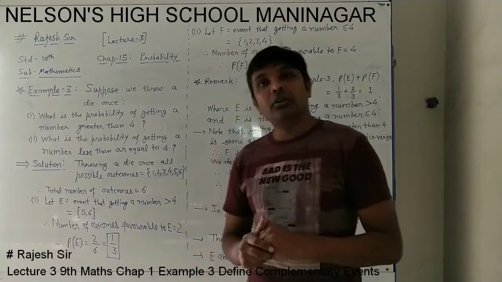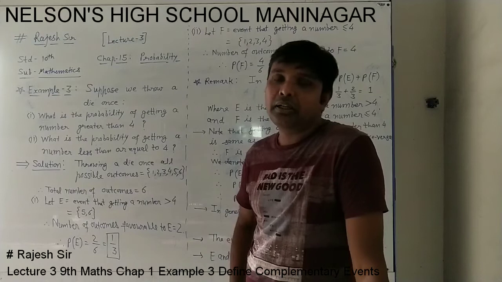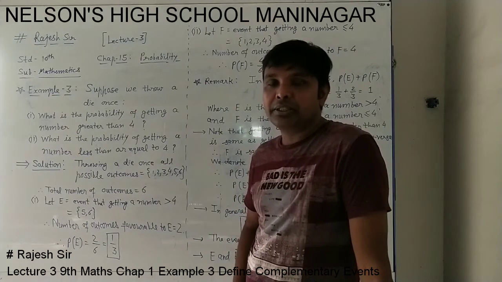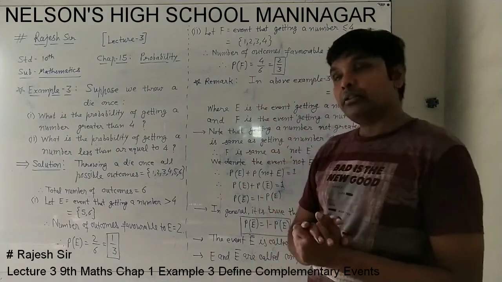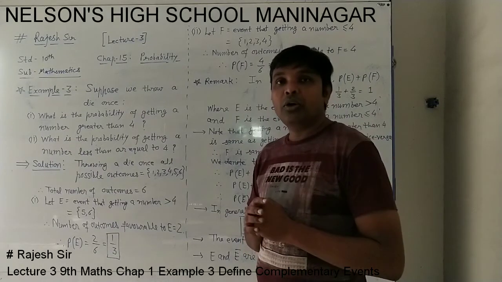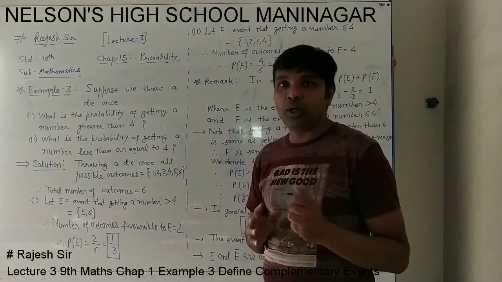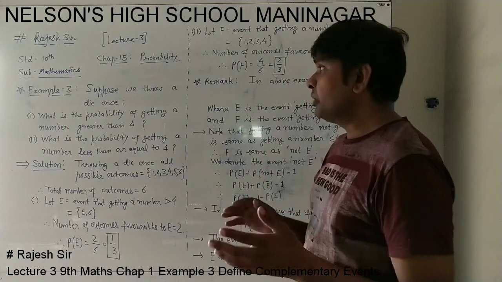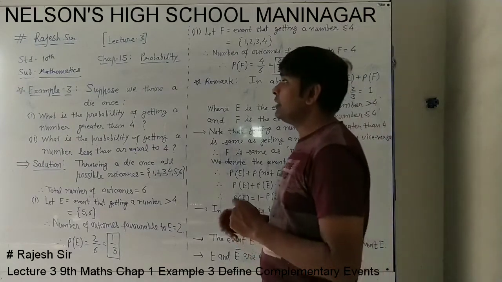If we find only one outcome in any probability example, we call that an elementary event. And the second remark we saw in the last lecture: the sum of the probabilities of all the elementary events is 1.